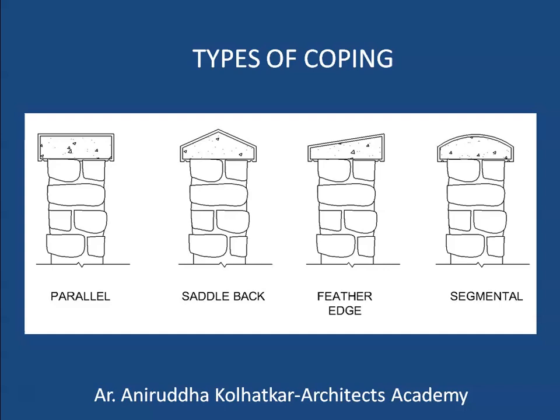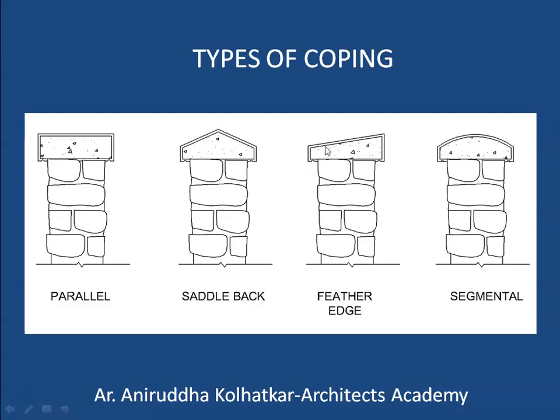Now this coping can be given different shapes. As you can see here, this particular coping, the top surface and the bottom surface of the concrete are parallel to each other, and therefore this is called as parallel coping. In the second alternative, we have a coping which is sloping on two sides, and that is called as saddleback.